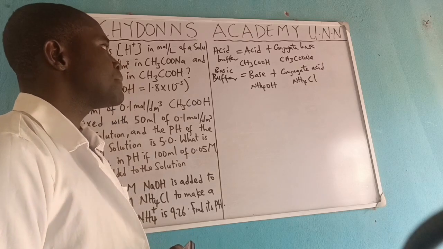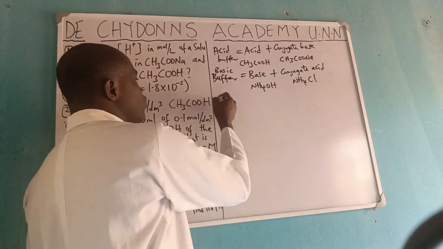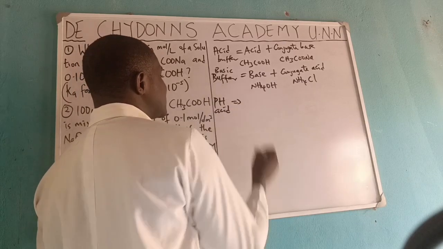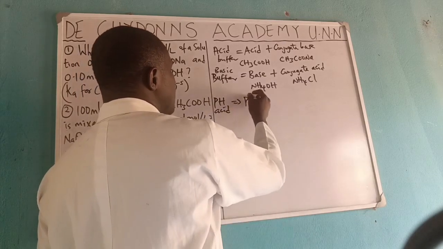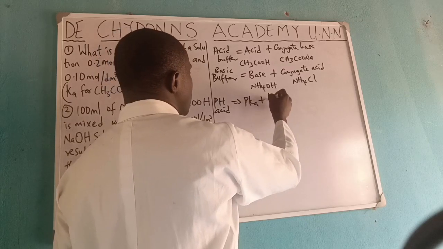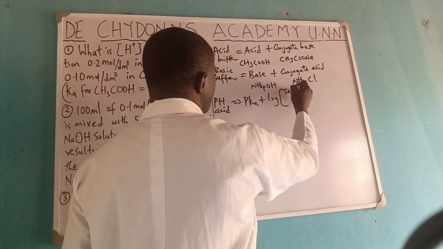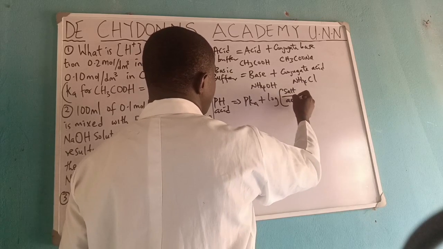Are you getting it? Now, when we want to find the pH of an acid buffer, we say pH equals pKa plus log concentration of the salt over concentration of the acid.